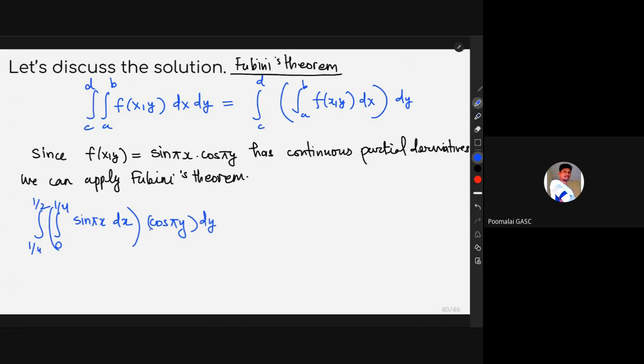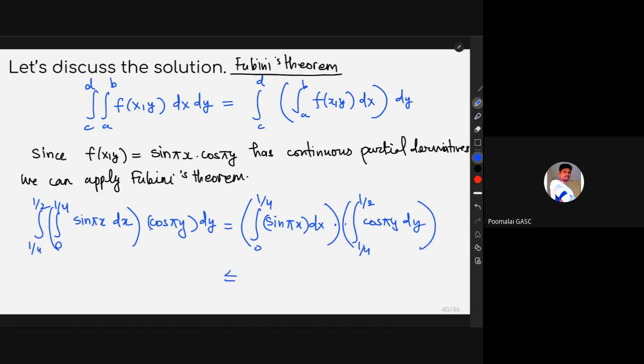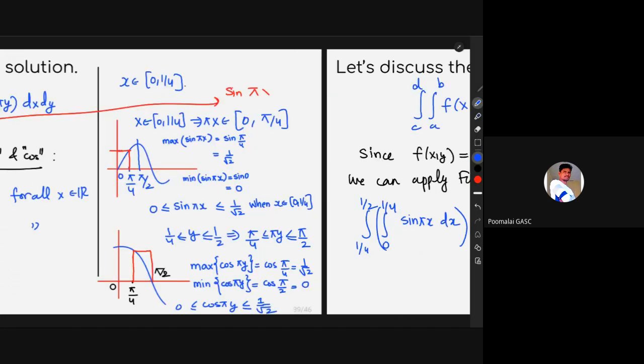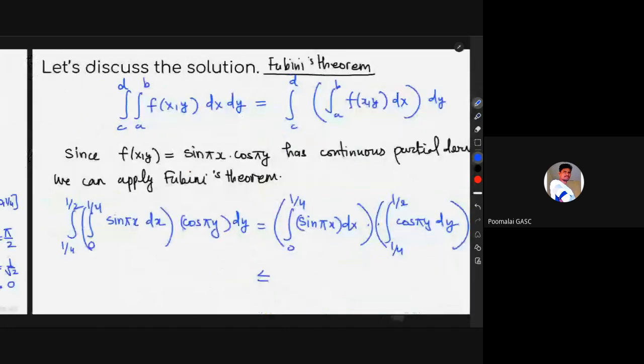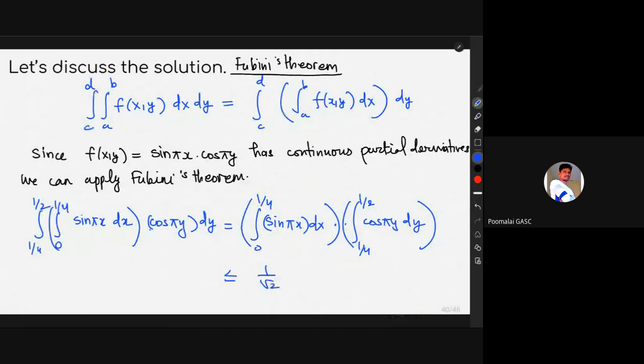In this case, we can further separate these two integrals as a product, because the limits are also independent of the variable. Now we already know that sine pi x varies between 0 and 1 over square root of 2.